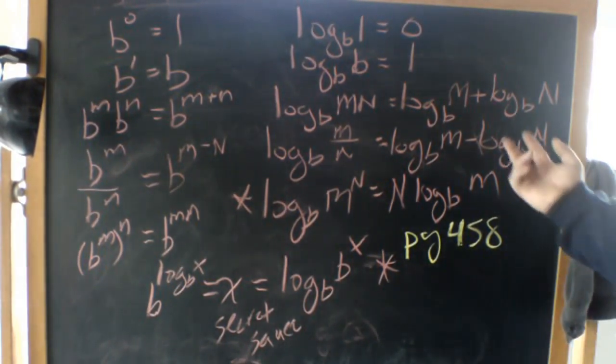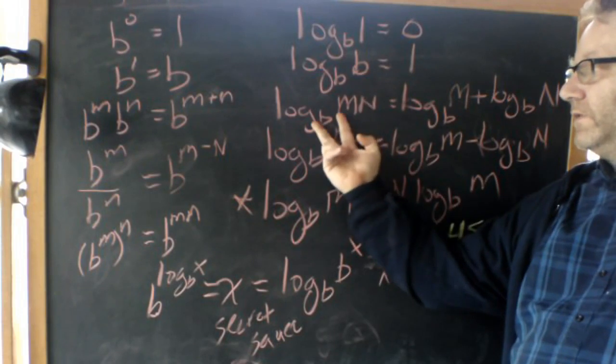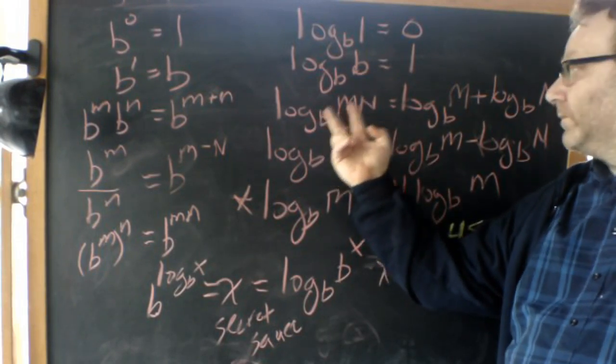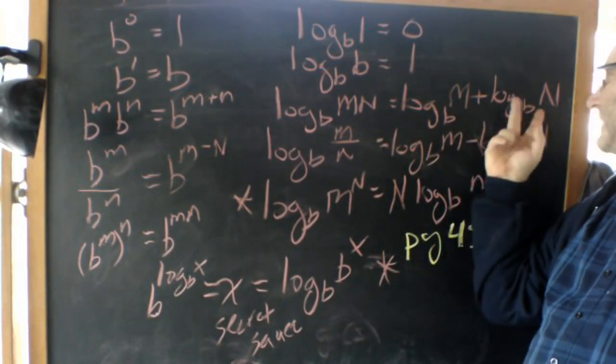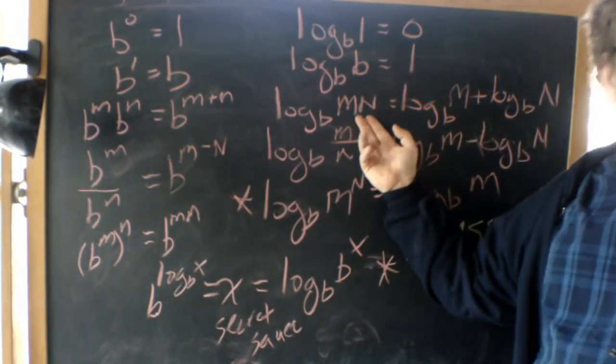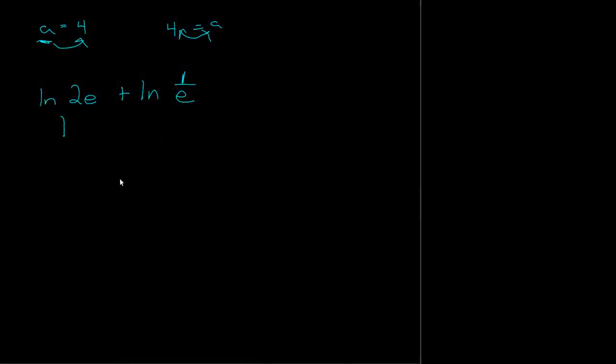I'm looking at this rule from this side, and I'm moving over to this side. I'm starting here, going over to here. I have the same base, so I'm going to multiply the terms together. So I'm going to have the natural log of 2 times 1 over e. Well, the e's will cancel, and this gives me the natural log of 2.